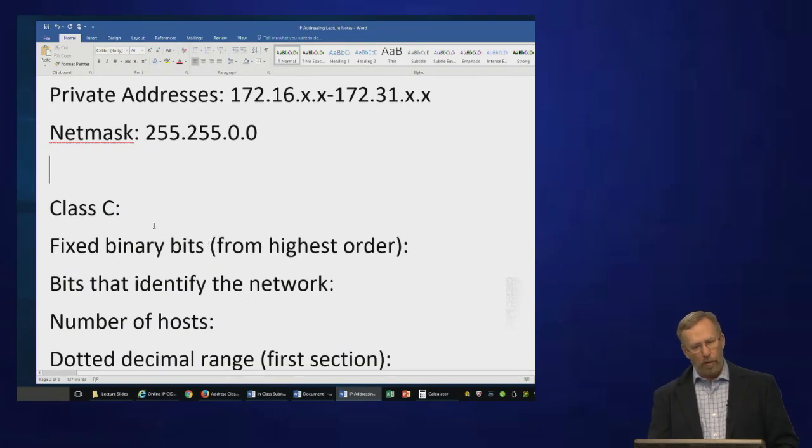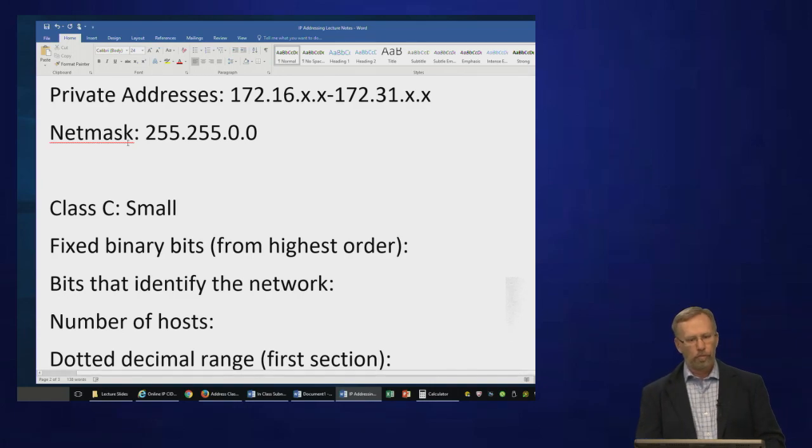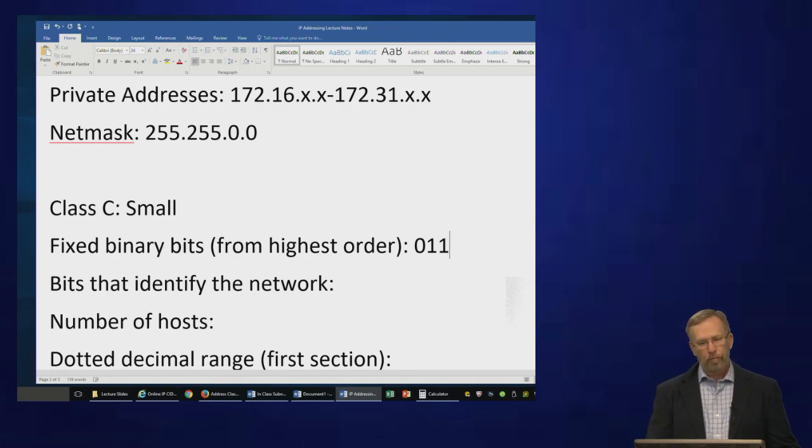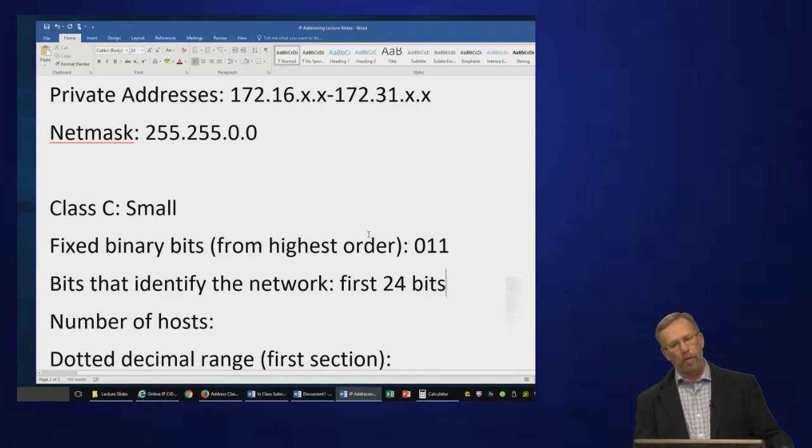In a Class C network, these are small networks. And the fixed binary bits are the first 3 bits. They will always be 0, 1, 1. And the bits that identify the network are the first 24 bits, meaning only 8 bits are remaining to identify the host.